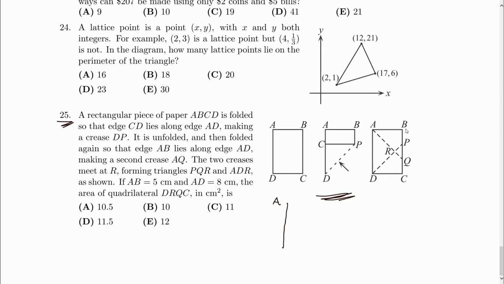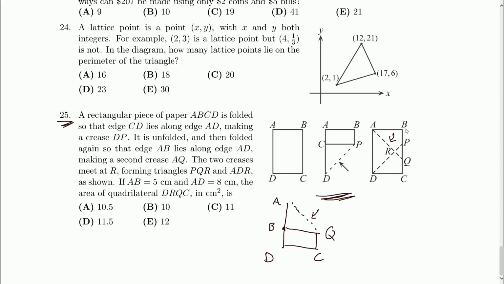We'd have AD, B would be folded up here, and DC would be fine. Most of this would be fine, but we'd have a brand new crease, making a second crease, AQ. Then it's unfolded. The two creases meet at R, forming triangles PQR and ADR as shown.